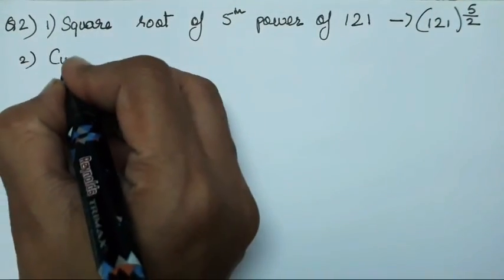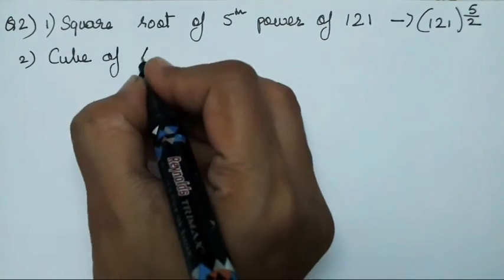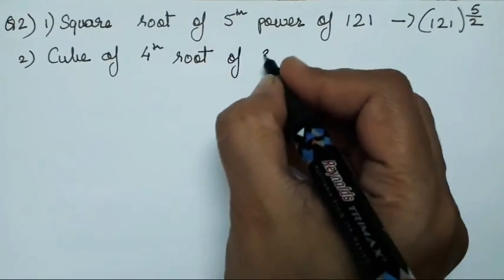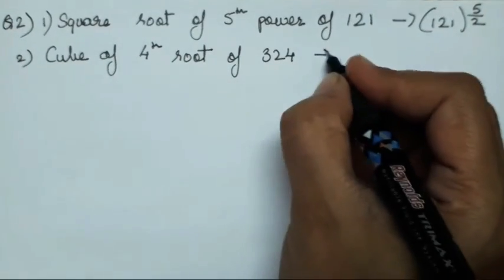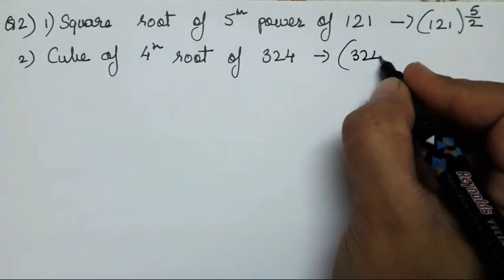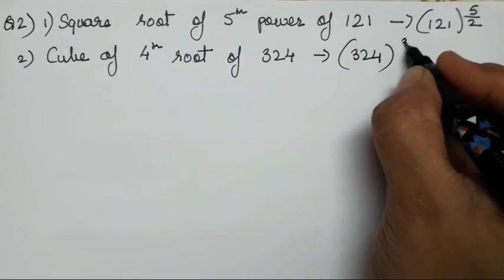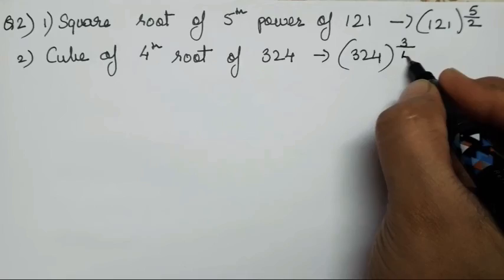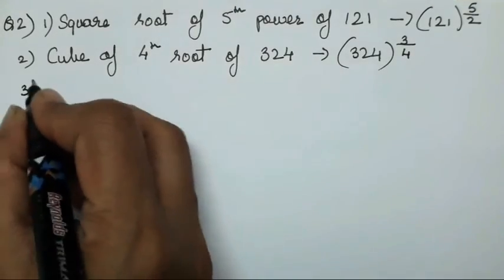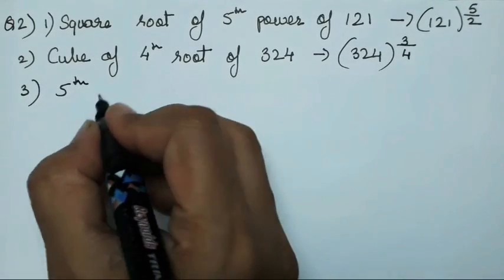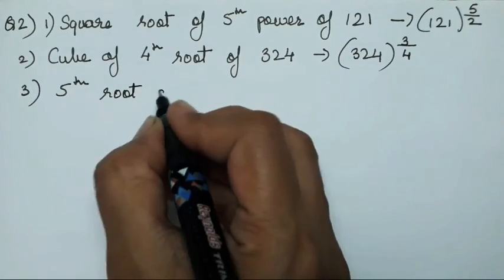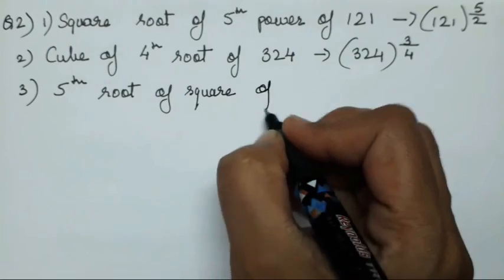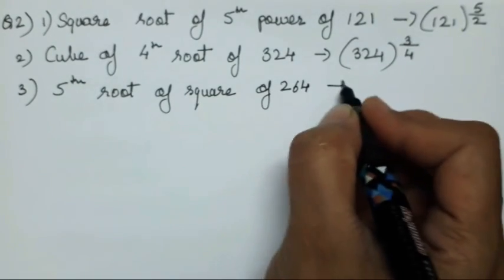Second will be cube of fourth root of 324. So 324 over here, cube means 3, cube of fourth root, in this way. Next is fifth root of square of 264.